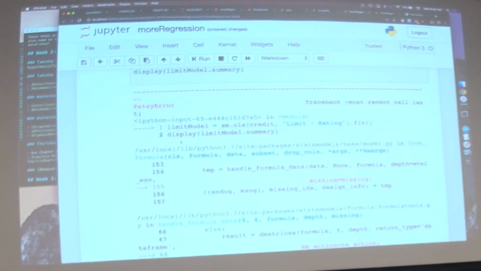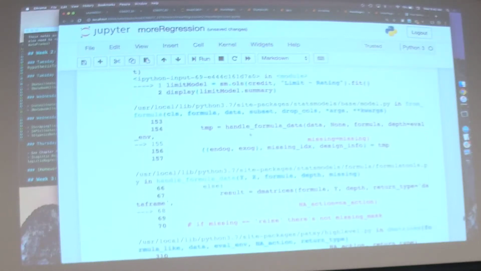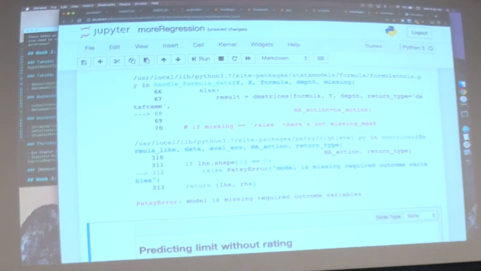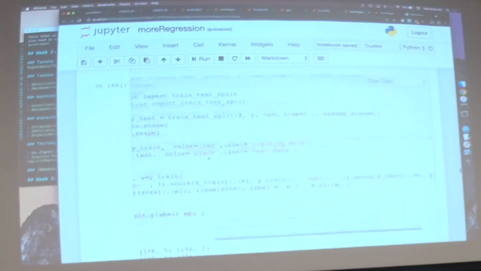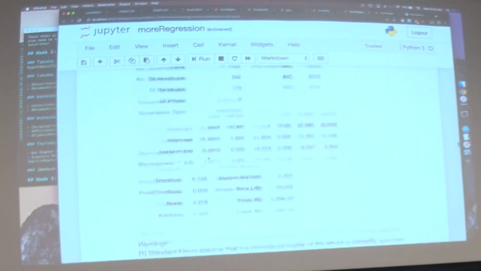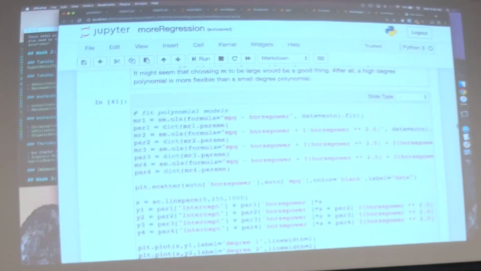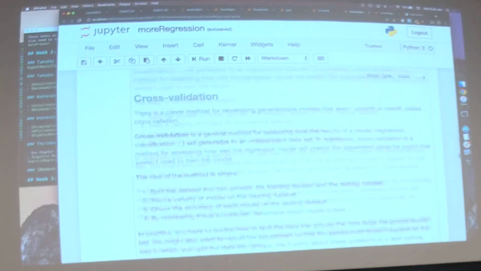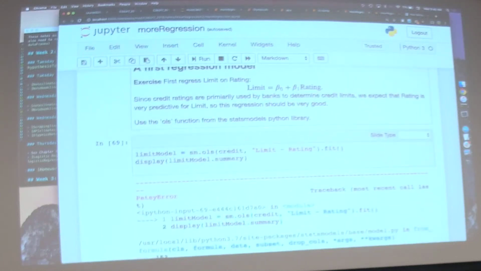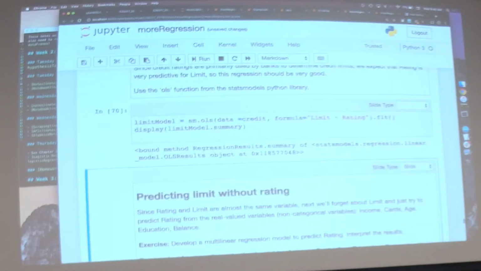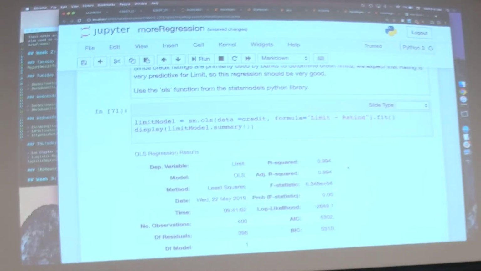So yeah, this error is terrible, and that's better. Okay, so now we have this simple model.